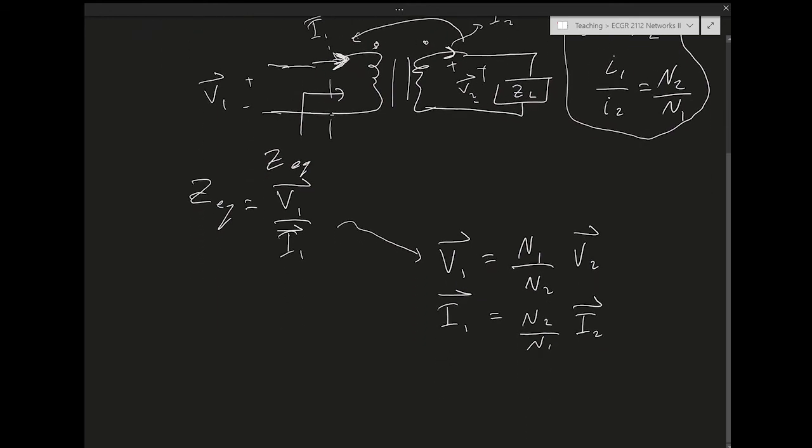Now, what is this ZL? ZL equals V2 over I2, by definition. We want to express V2 in terms of V1 and I2 in terms of I1.